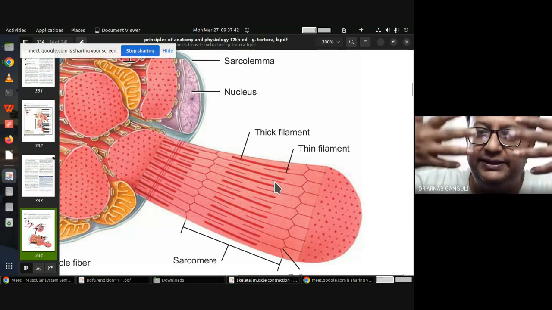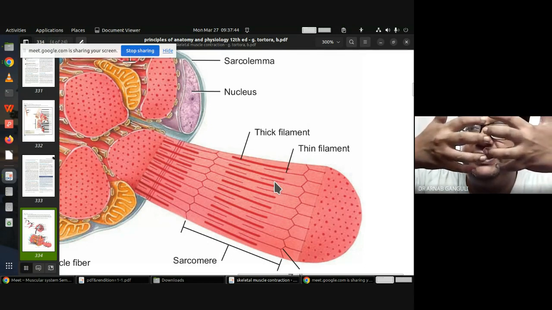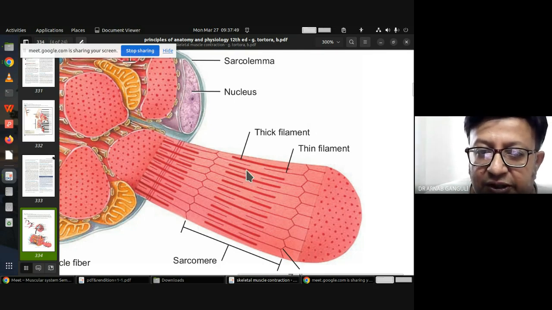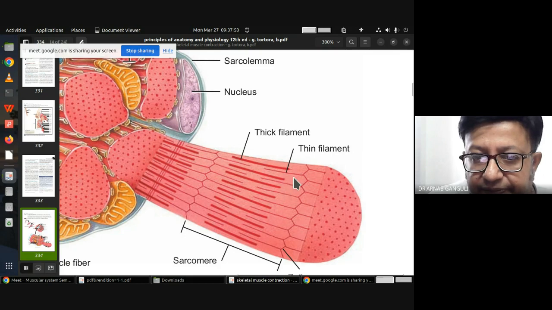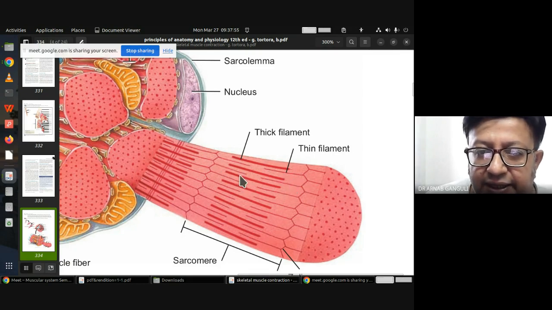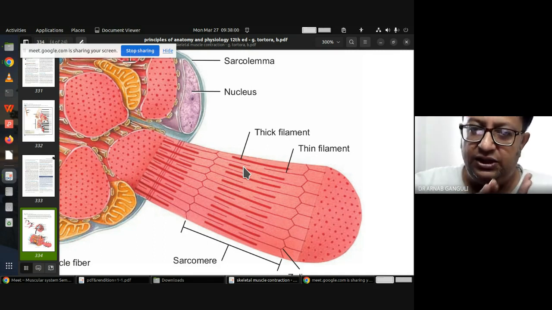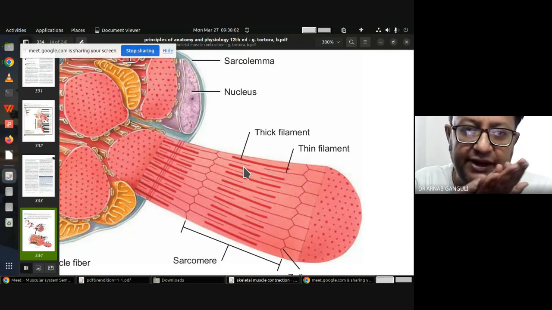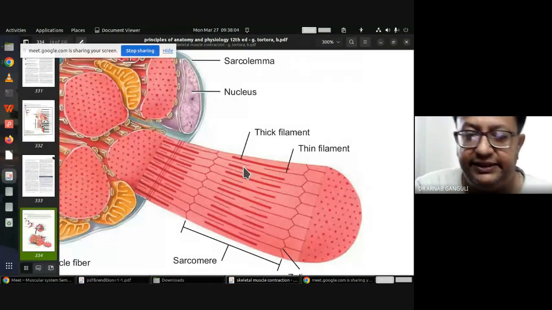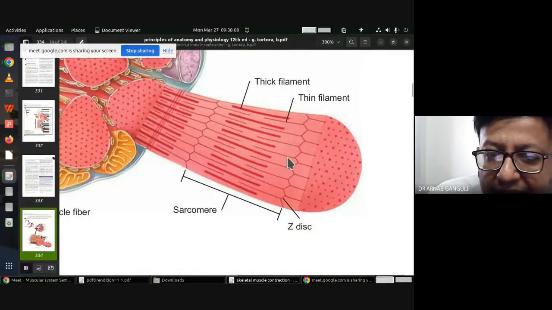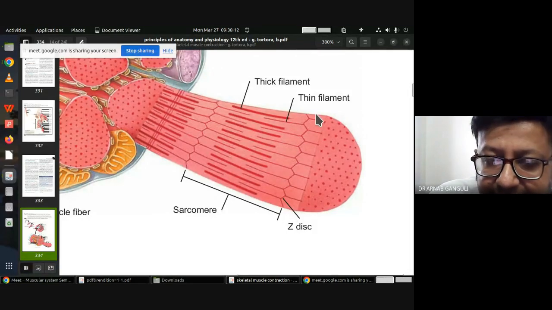Now what happens is that the thick filaments slide over the thin filaments. So this thick filament goes towards this region, and these two join together, then the muscle contracts. So the thick filaments and the thin filaments slide over each other. This is the basis of muscle contraction. And this end of one sarcomere is marked by a disc known as the Z disc.